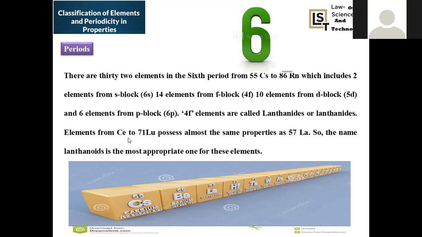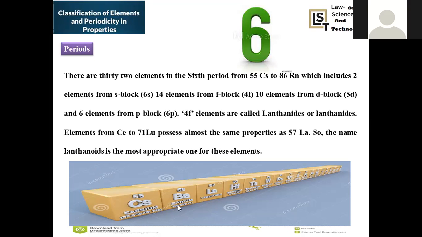Total 32 elements will be there in this 6th period, where here we have cerium to lutetium. These are 4f series elements which are called lanthanides. These are the elements following lanthanum, and it will be started with cerium to lutetium. Total 14 elements of F block will be incorporated here, right?